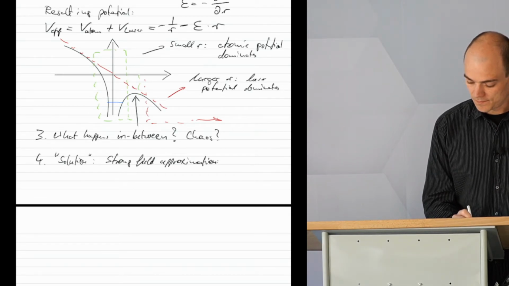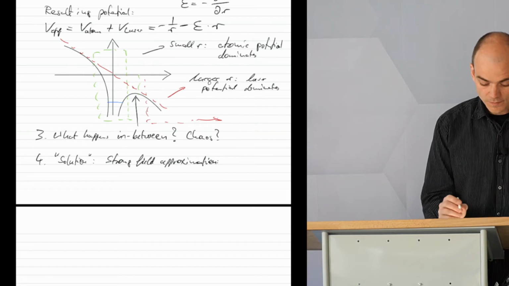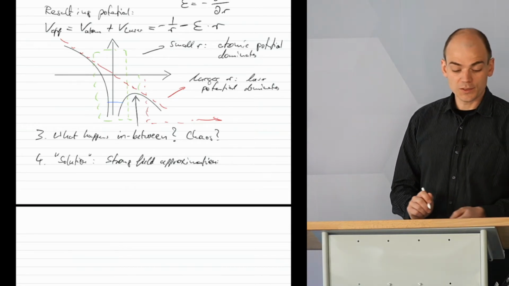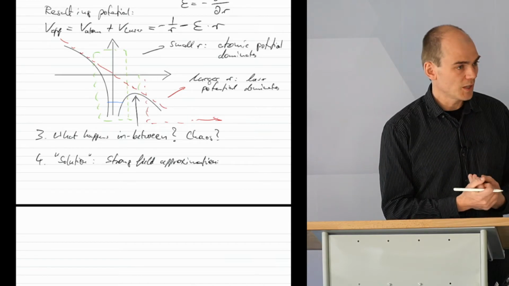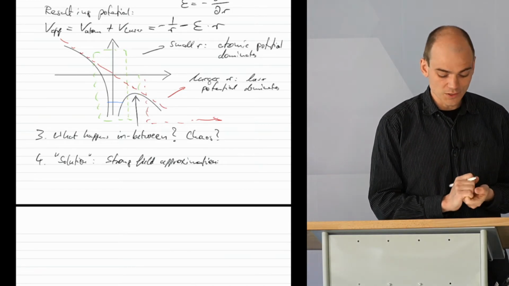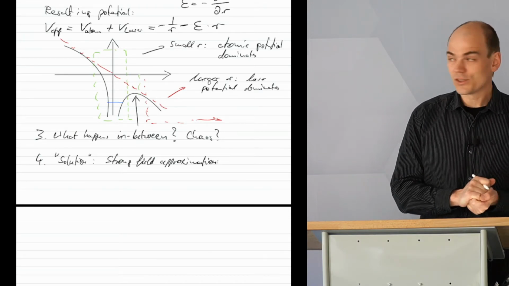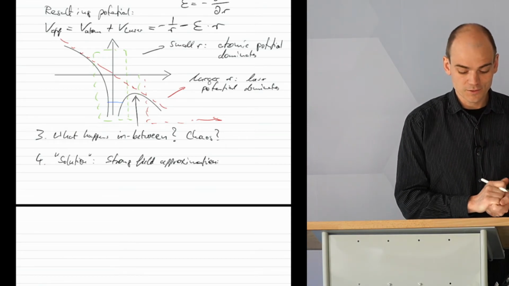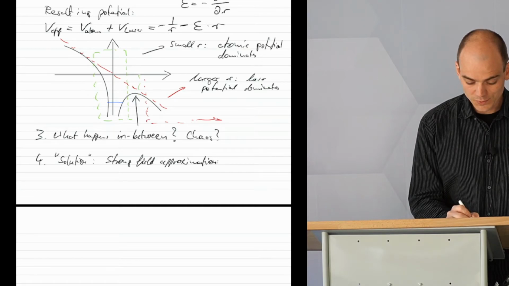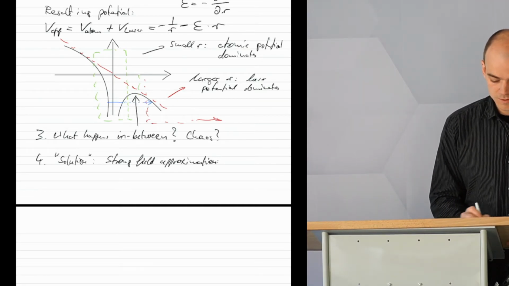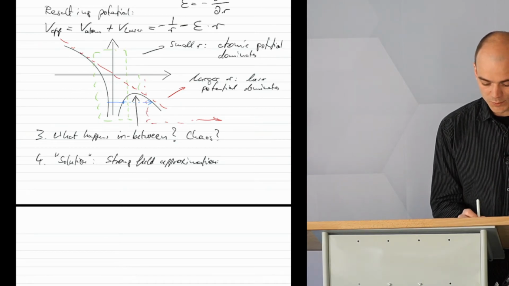And the in between, I haven't actually talked about the region in between yet. The in between, we just assume that the electron tunnels. So we assume that the electron tunnels from here to there. So this would be the tunnel entrance.